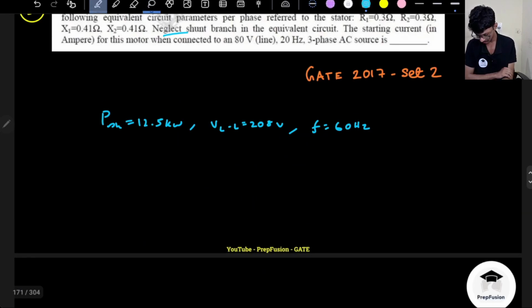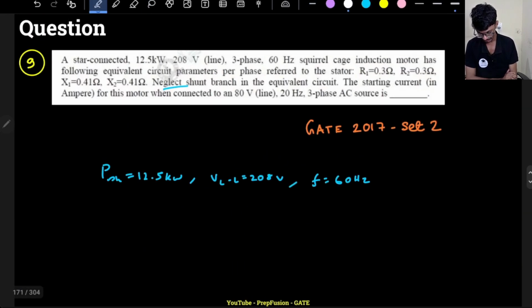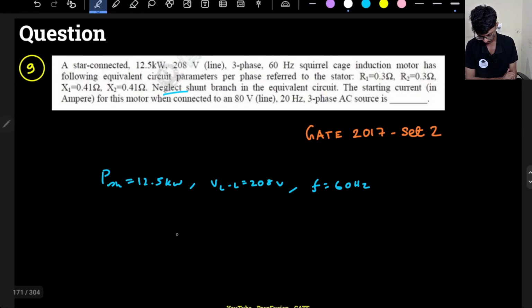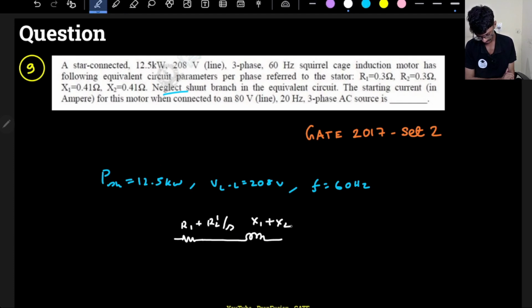The equivalent resistance is something like this: R1 plus R2 dash divided by S, and X1 plus X2 dash. These are the equivalent parameters, if you remember correctly. So it is short circuited. So my current, this will be V phase.